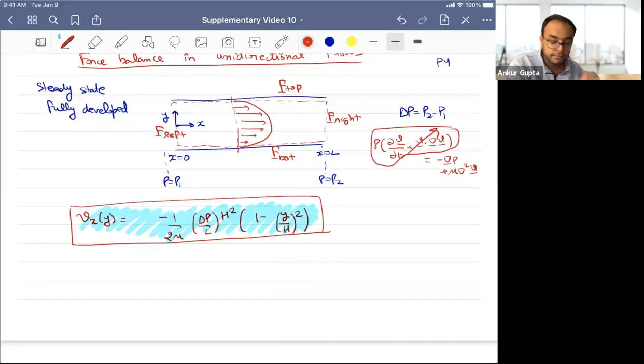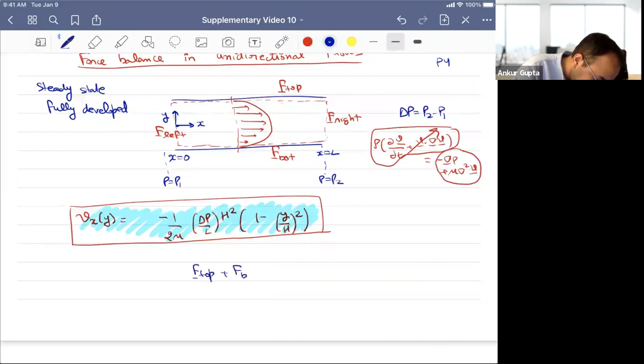The left hand side completely drops out and the pressure is balanced by the shear stress. In other words, in an integral balance, this means that F top plus F bottom plus F left plus F right is exactly equal to zero.